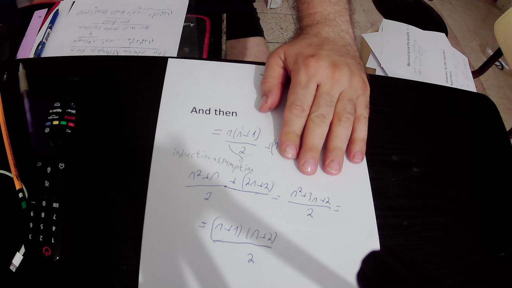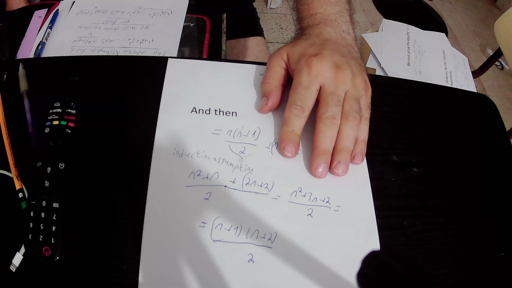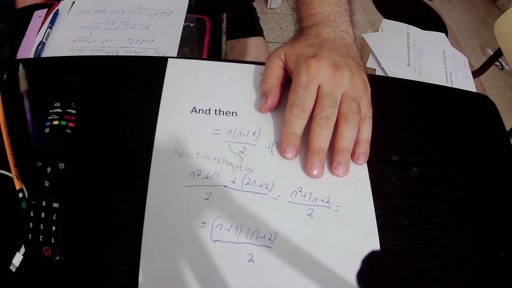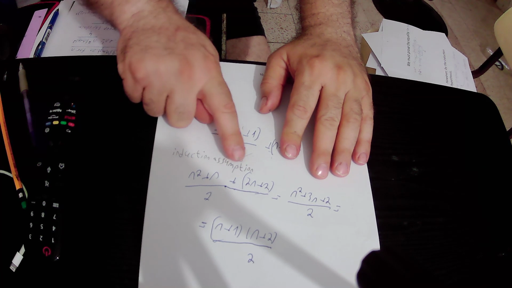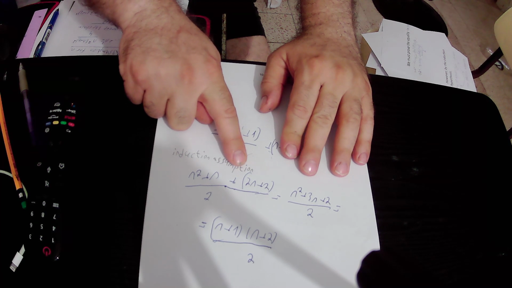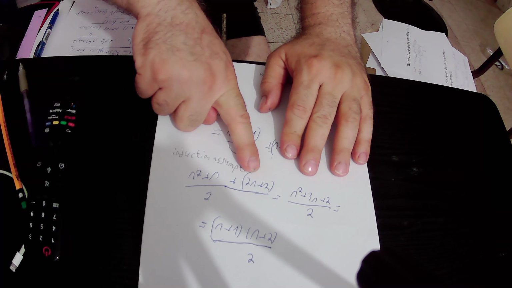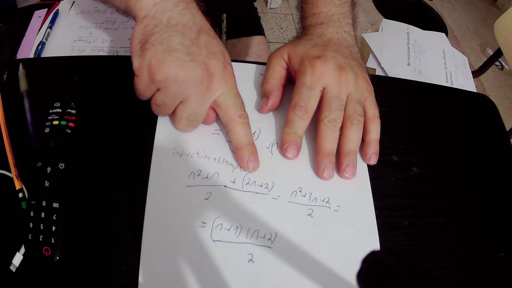and this equals n squared plus 3n plus 2 all divided by 2, because here we have n squared, and n plus 2n is 3n, and here we have plus 2, so we put here plus 2.